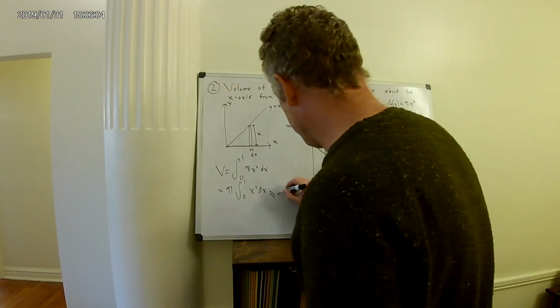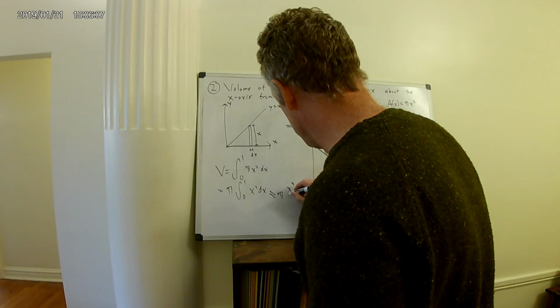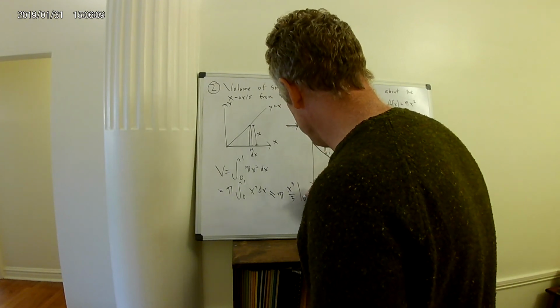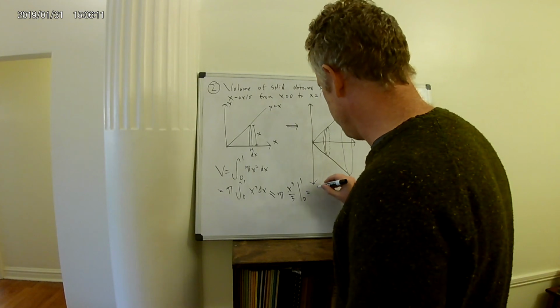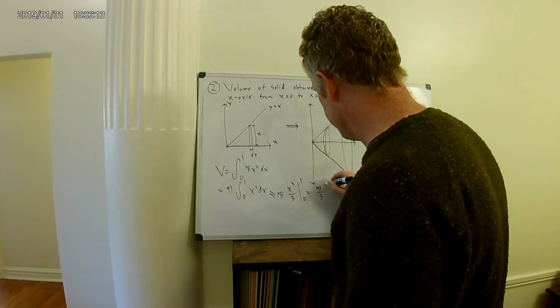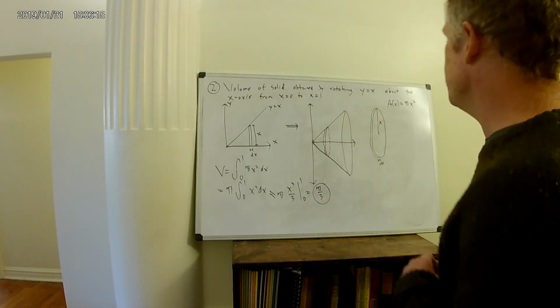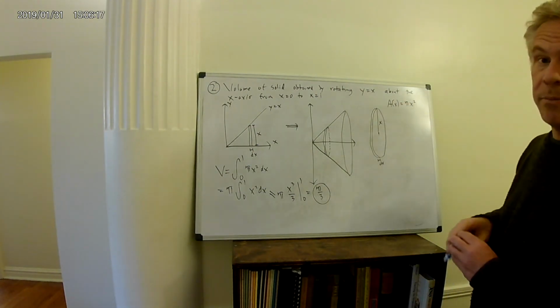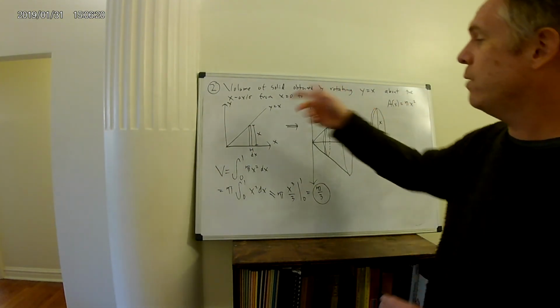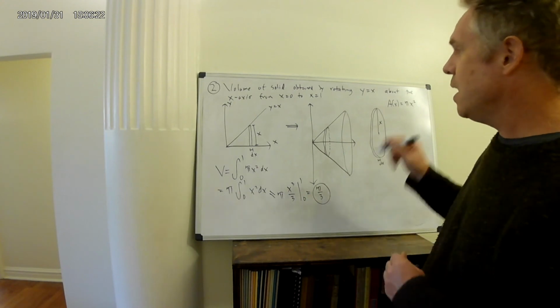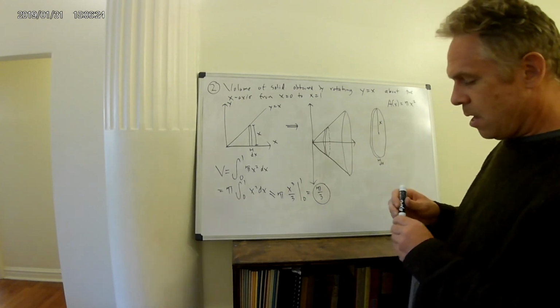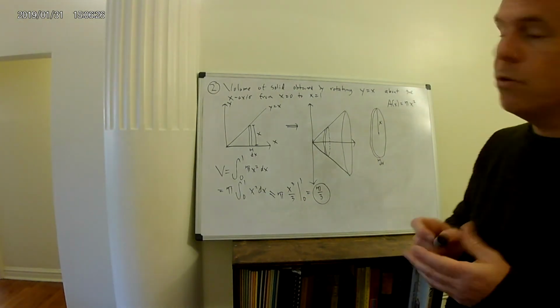If we integrate that, we get pi times x cubed over 3, evaluated from 0 to 1. And this equals pi over 3. So that's pretty simple. The volume of this conically shaped solid object, by rotating the line y equals x about the x-axis, is pi over 3. Okay, in part 3, I'm going to do 2 more examples.